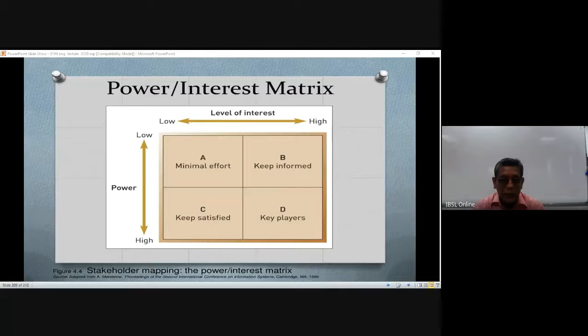What is a financial conglomerate? A financial conglomerate is a financial institution engaging in more than one business: banking, insurance, securities business. That is what you call a financial conglomerate.